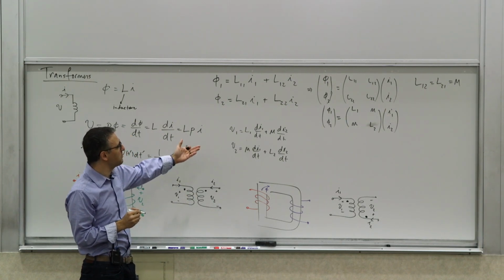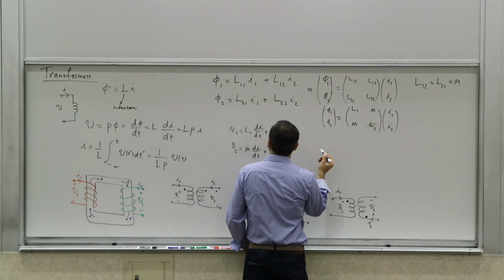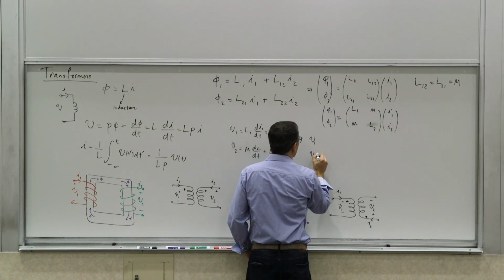So now this is a relationship between voltages and currents. If you want to write it in our more compact notation, you can write V1, V2 as a matrix.